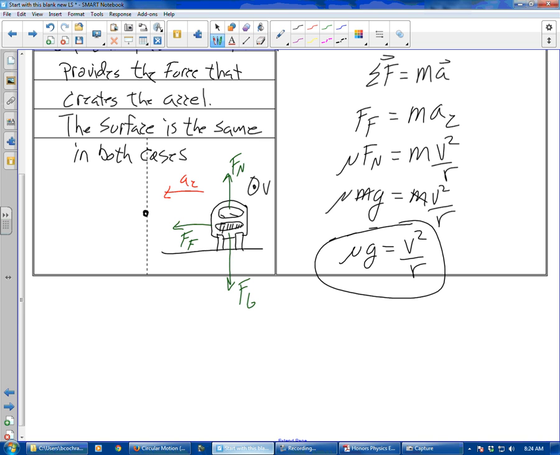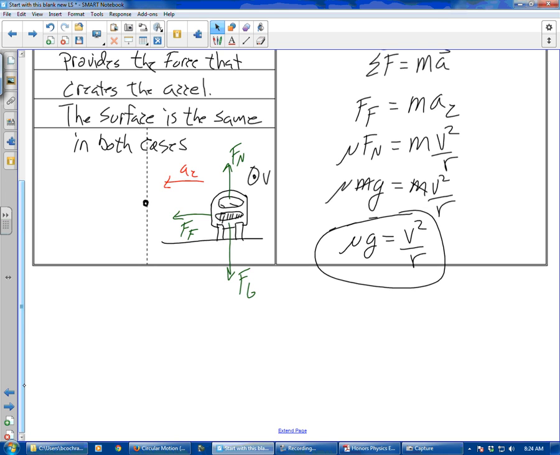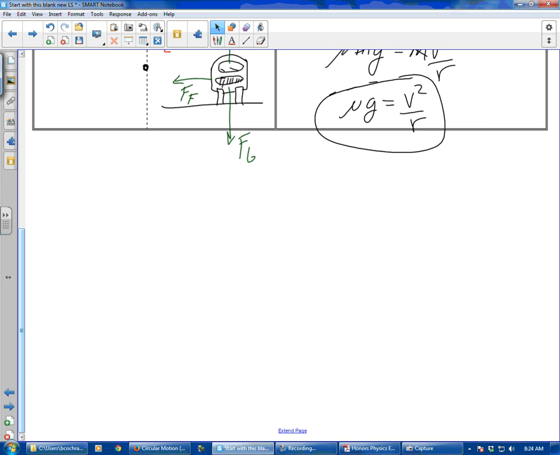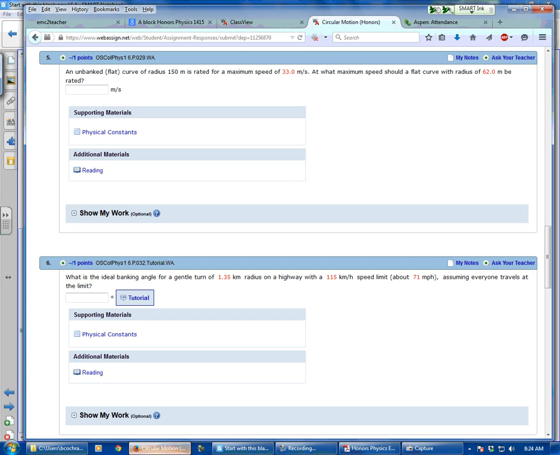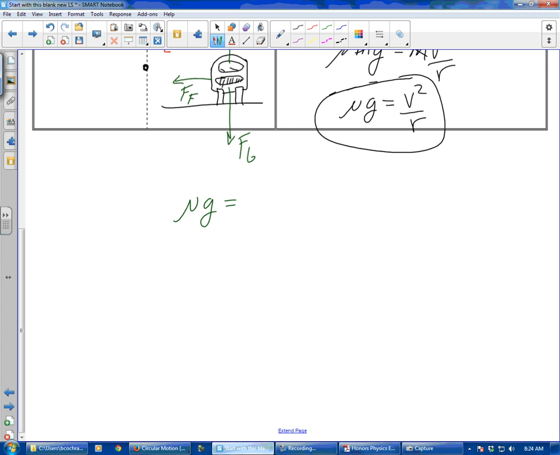So what I'm going to do is simultaneously do those. So in case 1, we have that mu times g equals 33 meters per second, squared, over 150 meters.